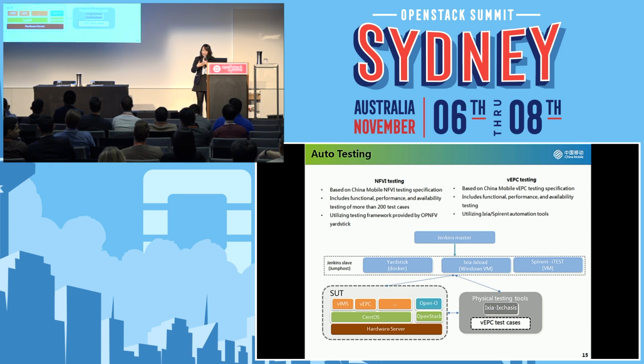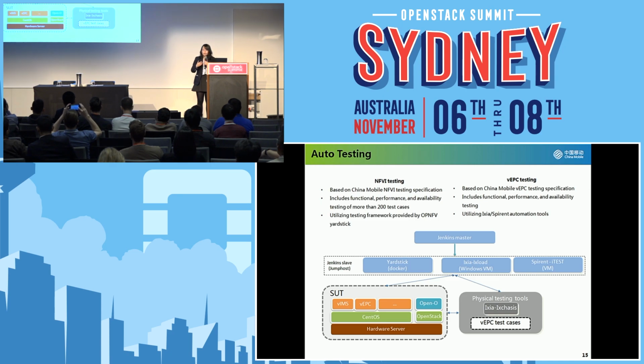And we try to translate these manually written specifications into test cases that can run in our automatic system. Now we utilize the test framework provided by OPNFV Yardstick. I can give you more explanation of that project in the following slides.